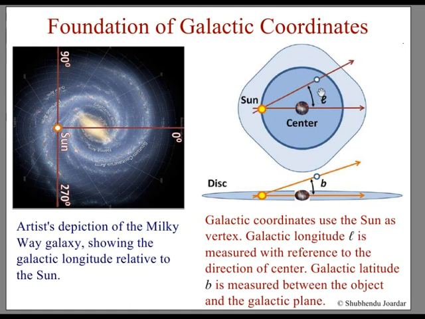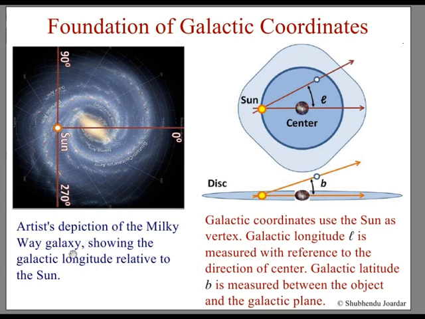And if you see an object on this side, you have to have two coordinates. One is the longitude, another is the latitude. So here you can see that this is the latitude, this is the galactic center. Actually, they are called galactic longitude and galactic latitude.